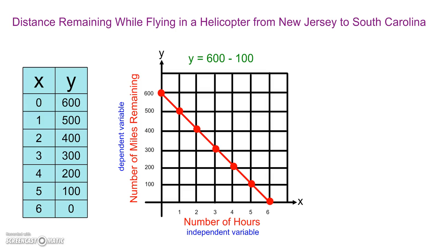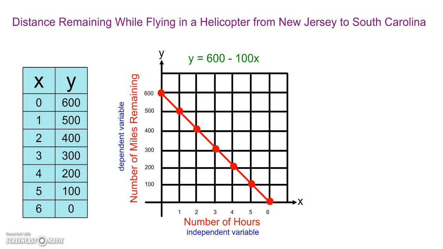So I take the largest value of Y, which was 600, and because my line is going down, down, down to 0, I know it's going to be subtraction, and each time it's going down by 100. I forgot my x. Yes, I need to add my x in there. My equation is y equals 600 minus 100x.